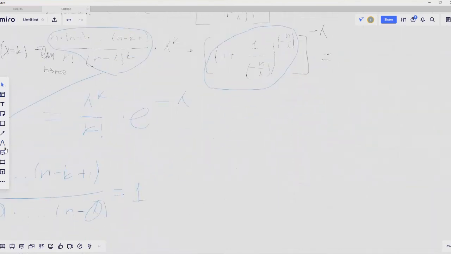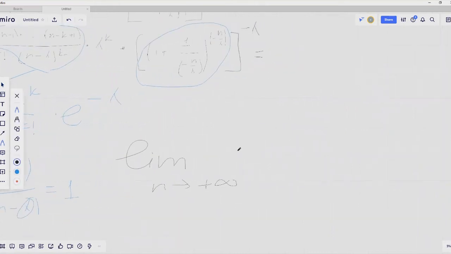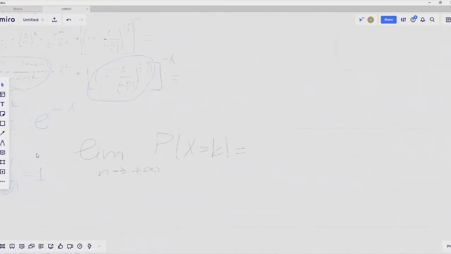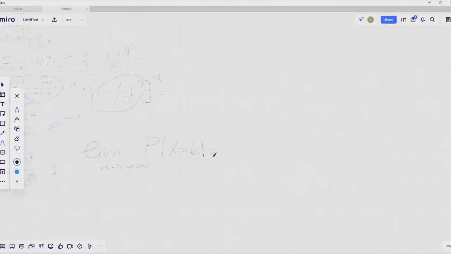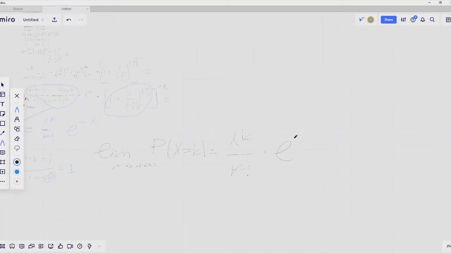So what I got then is that the limit as n is approaching plus infinity of the probability of X being equal to k can be calculated as lambda to the power of k over k factorial multiplied by e to the power of minus lambda.